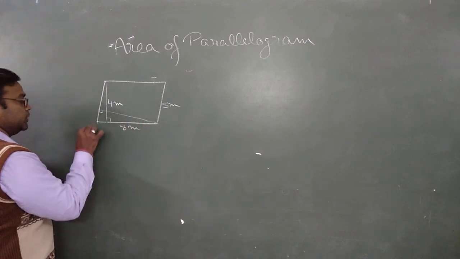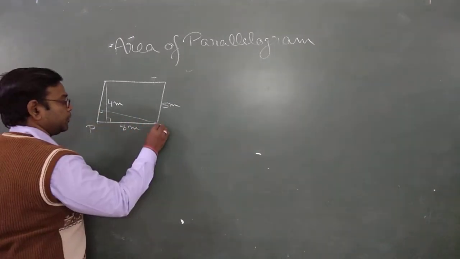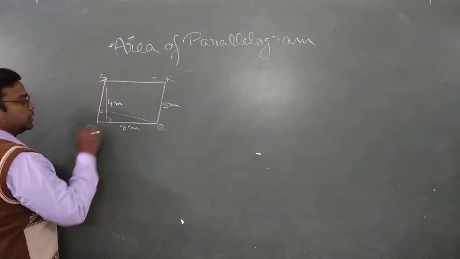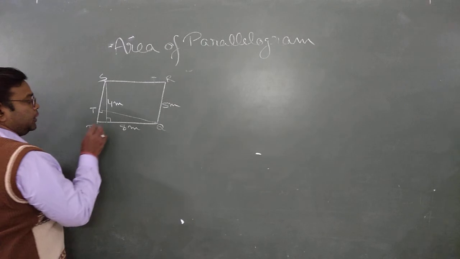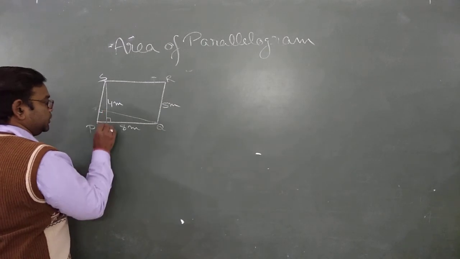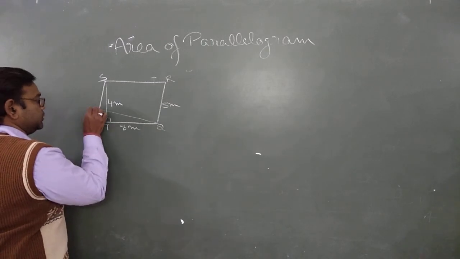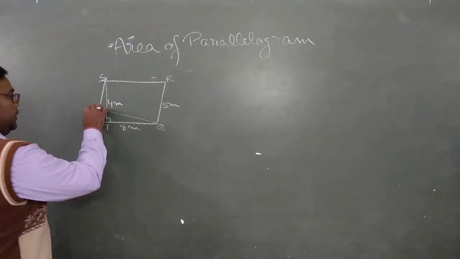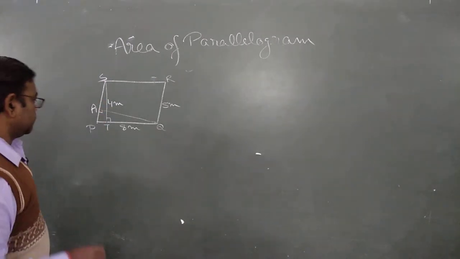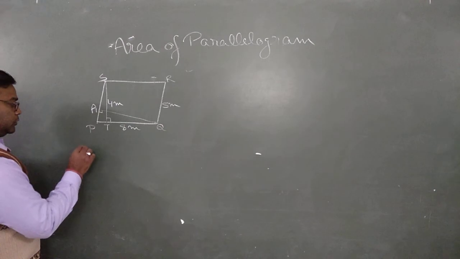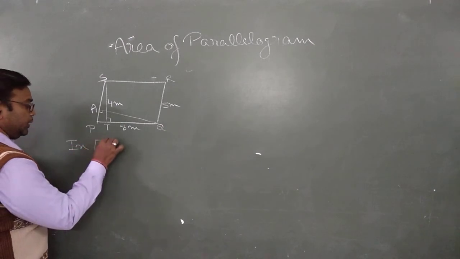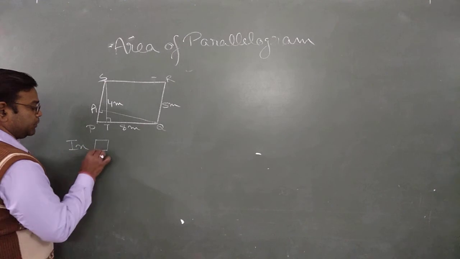Give the names first: P, Q, R, S. And this one is T. And this one, you can consider A. Clear? Now, as we know, in parallelogram, this is the symbol of parallelogram.